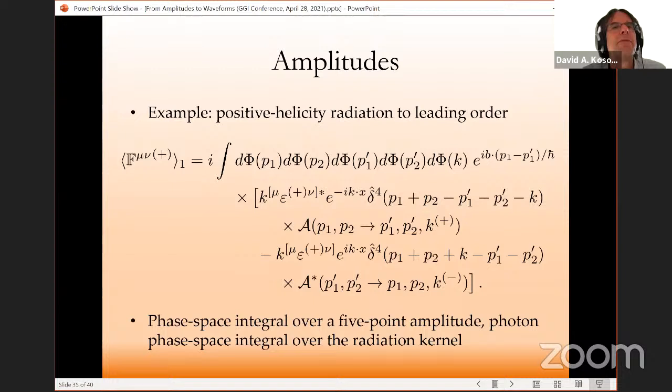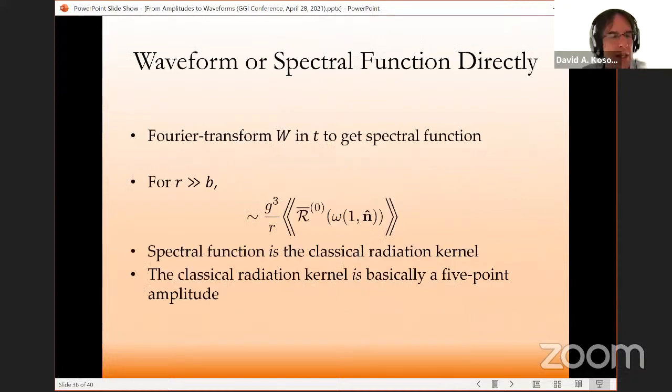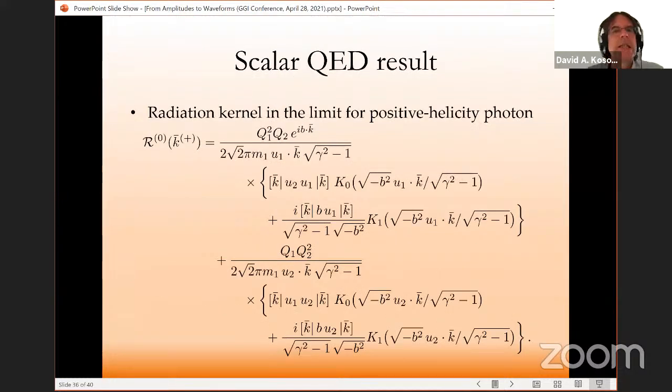So we can go back and forth from our waveform to the spectral function. The message here is that this long path has a shortcut: the classical radiation kernel is basically the spectral function. And as we just saw on the previous transparency, that classical radiation kernel, up to an integral, is basically the 5-point amplitude. One can go ahead and compute it in QED.